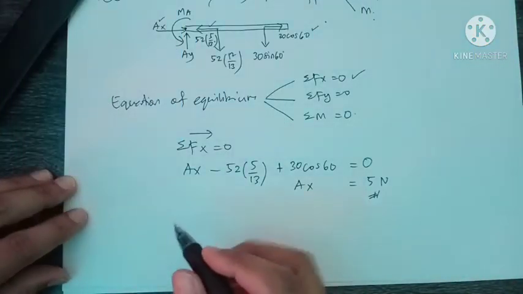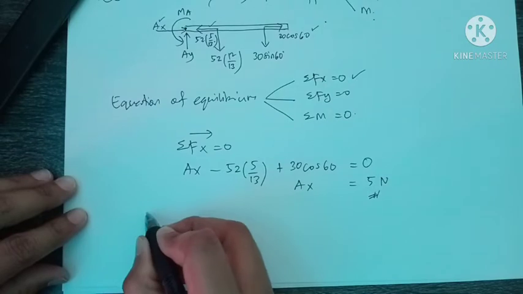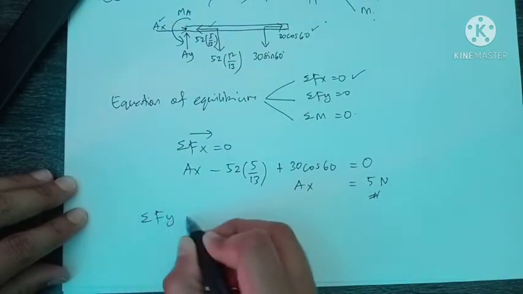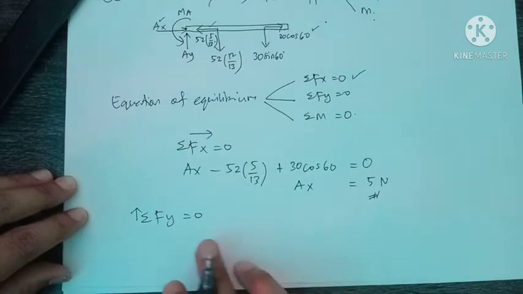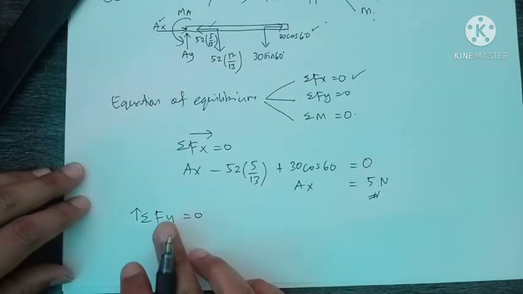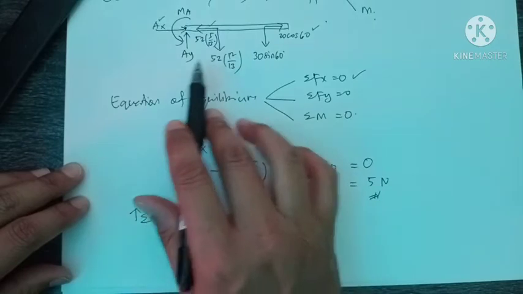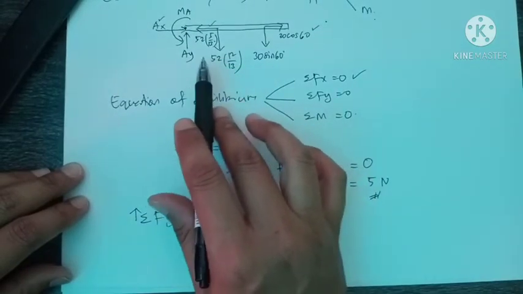Okay, we continue with summation of Fy equal to 0. Now we will collect all the forces in y direction, taking them from the FBD here.